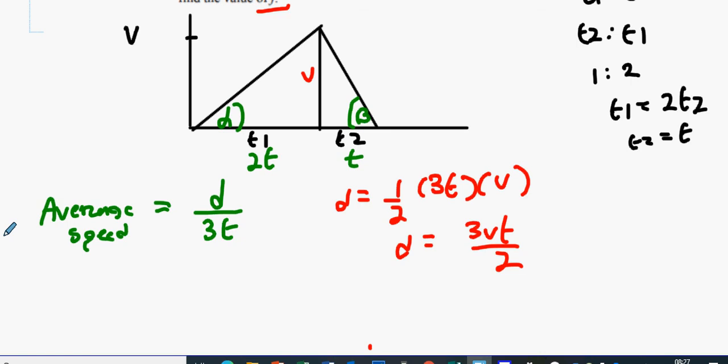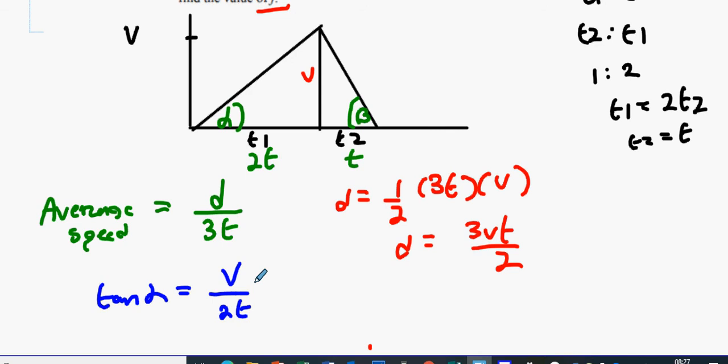Okay. So let's start off with tan alpha. What is tan alpha? Anybody remember this trick? Tan alpha is the acceleration. Tan beta would be the magnitude of the deceleration. So tan alpha is your velocity divided by your time taken. Okay.